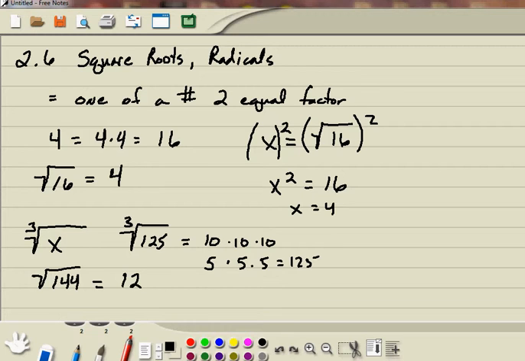Now we do need to identify some terminology for you so that you can remember. The number whose square root you are trying to find is called the radicand. So that 144 is called the radicand.